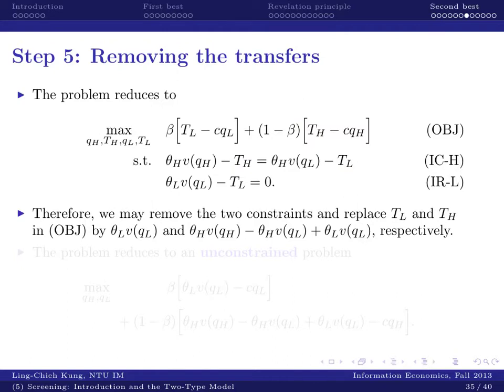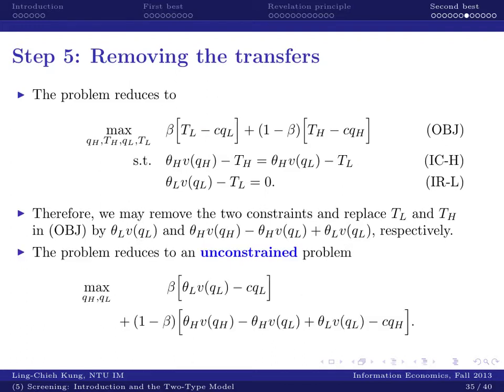Okay, you can replace TL and TH in the objective function by these two terms, and then get an unconstrained problem like this. Okay, here unconstrained is actually not the fact, because QH, QL, they somehow should be non-negative, right?